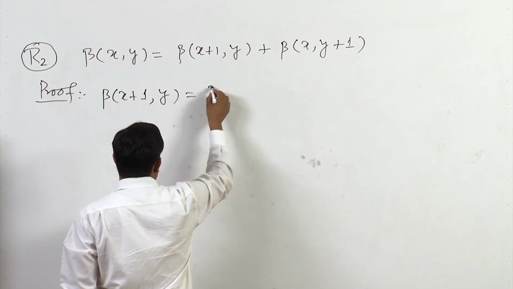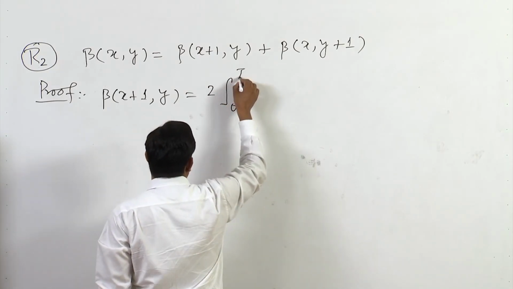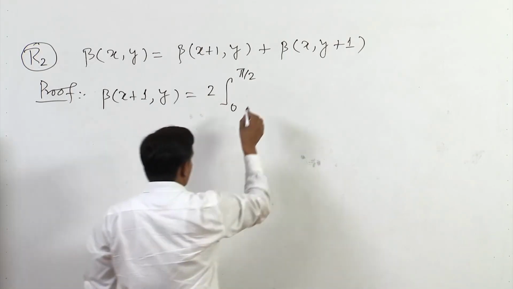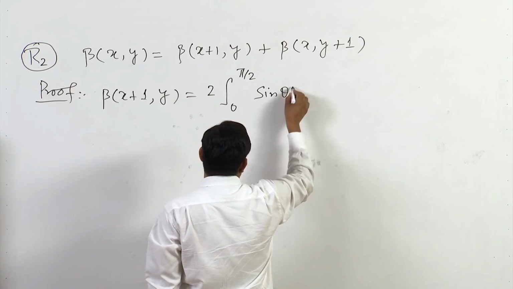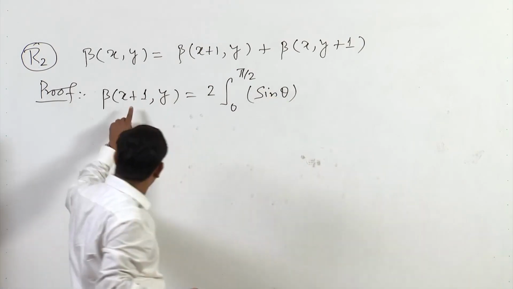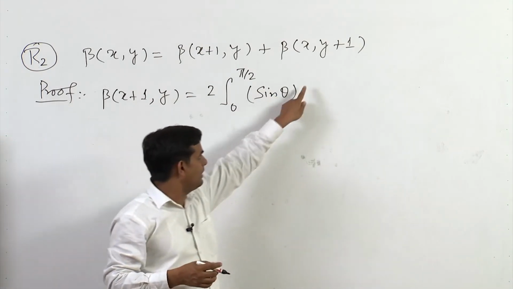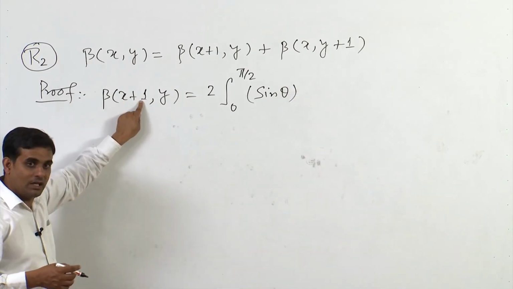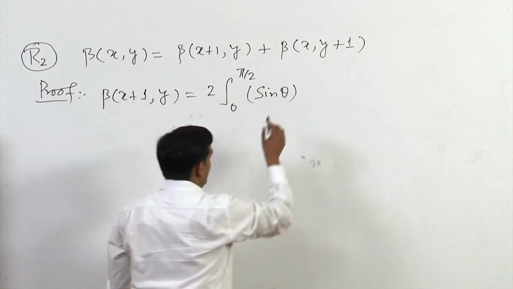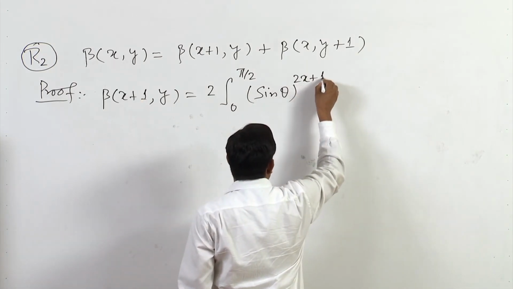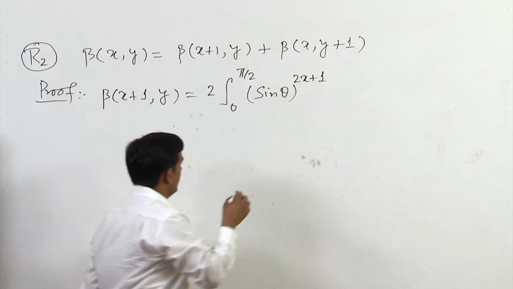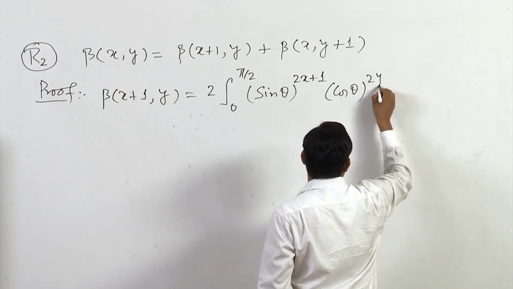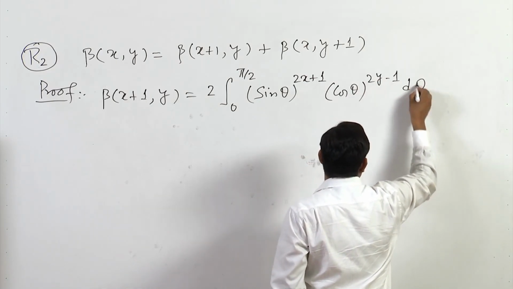So, beta(x plus 1, y) can be written as 2 times the integral over 0 to pi by 2 of sin theta raised to power, if I am having x here I used to write 2x minus 1, but since I am having x plus 1 here, it will be 2x plus 1, into cos theta raised to power 2y minus 1 d theta.